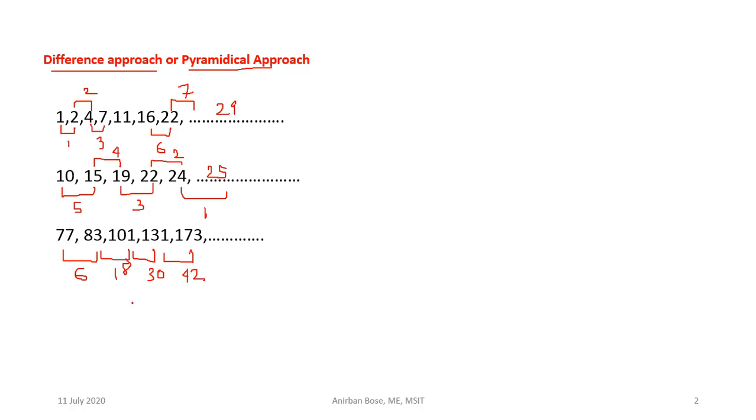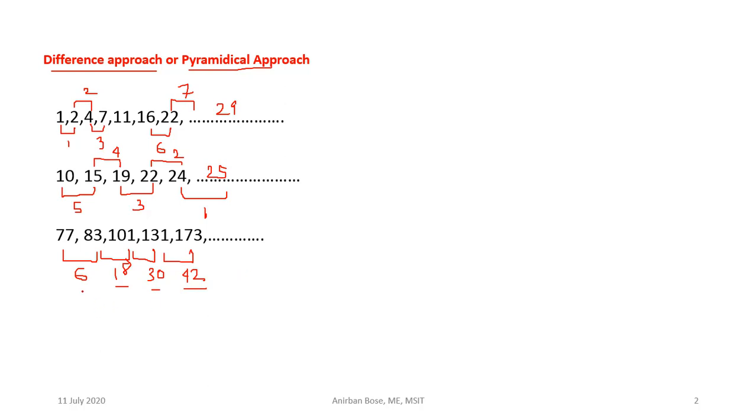Here also you are getting some logic: this is 6, then 6 into 3 is 18, 6 into 5 is 30, 6 into 7 is 42, so expected 6 into 9. So 3, 5, 7, 9, these are the odd numbers that are multiplied. So expected this will be 6 into 9.